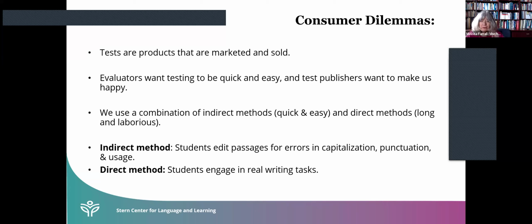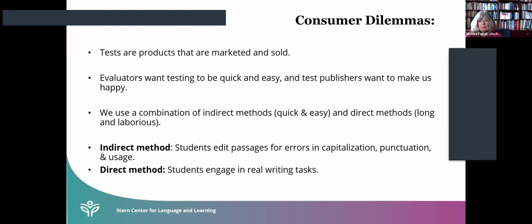And I will just tell you that there was a time when the WIAT folks put out their third edition, and the written expression test, the way they had it set up, was taking seasoned evaluators hours to score. And everyone was very distressed about this because time is precious.